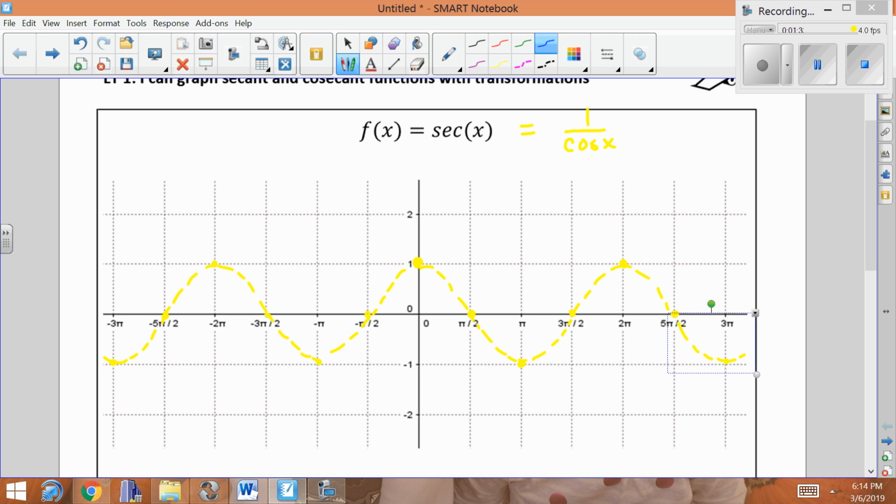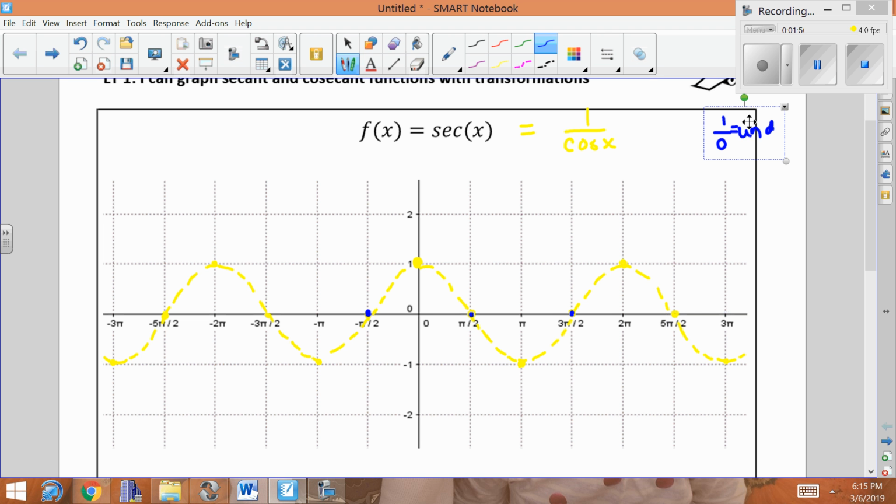So if we know that the secant is the reciprocal of the cosine, we can look at some of these critical points here. So if I look at the ones that are zeros right here at pi over 2, negative pi over 2, 3 pi over 2, etc., if we think about putting that into the reciprocal part, if you do 1 divided by 0, that's undefined.